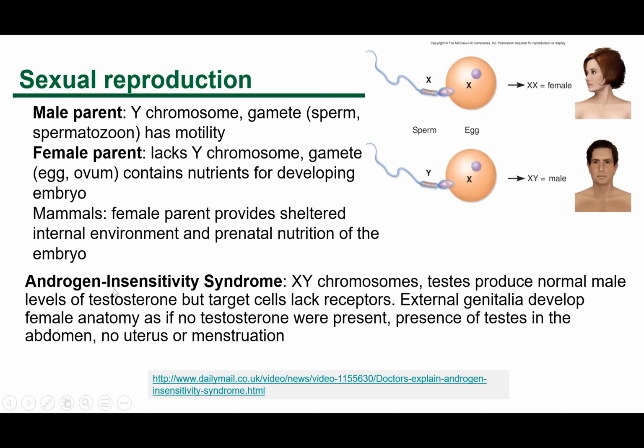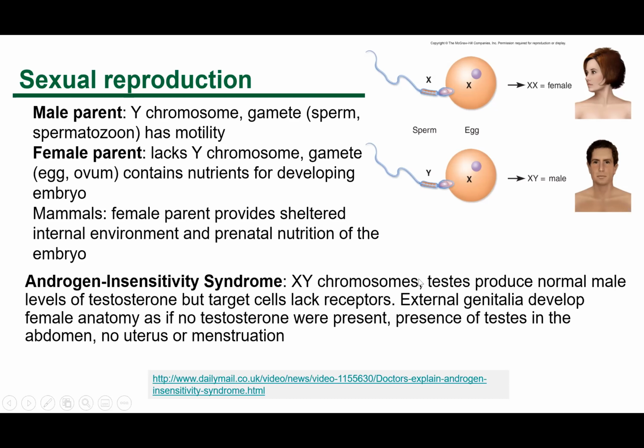Androgen insensitivity syndrome is a situation where there is a heterogametic individual, and the testes are producing normal testosterone levels from the Leydig cells. But for whatever reason, usually a genetic mutation, androgen receptors are either not present or they don't respond appropriately. In these cases, female development is the quote unquote default setting.